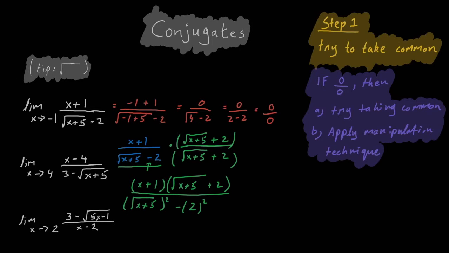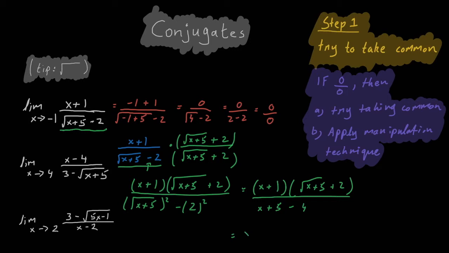You always have to simplify the value with the under root sign in the beginning. So we had the under root sign in the denominator, so we'll only simplify the denominator. X plus 1 same, under root x plus 5 plus 2, divided by x plus 5 minus 4.